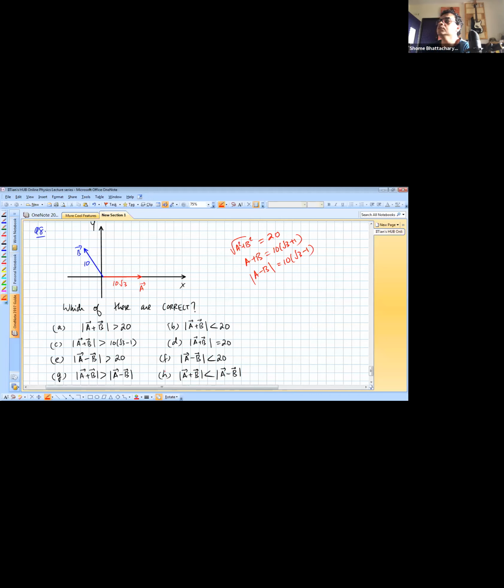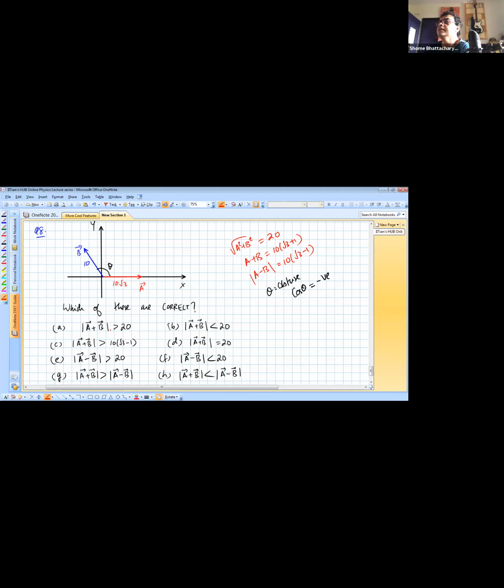Let's keep that in mind first. And let's also understand from the diagram that my theta is obtuse. So theta is obtuse means that cos theta must be a negative quantity. So once we have all this data in place, now we are in a position to judge which is correct and which is wrong, because we have to just think of the formula.